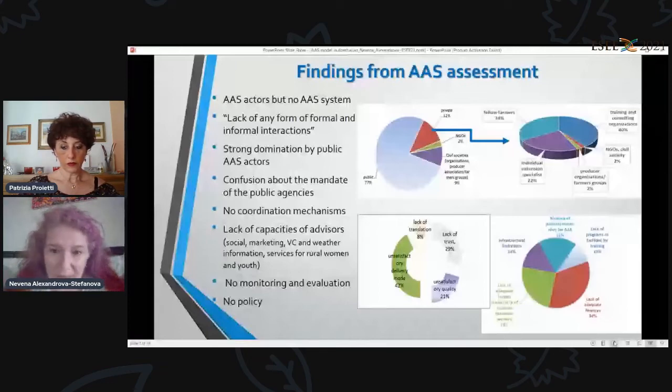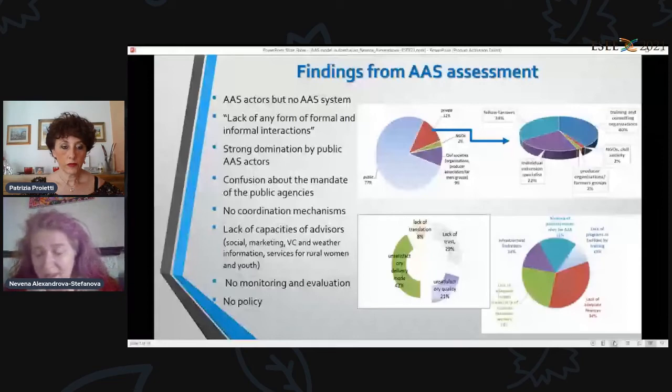But unfortunately, this didn't happen. And fortunately, the government recognized the need for public sector intervention. So they are now dominating the advisory services.